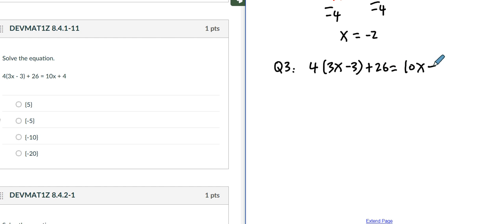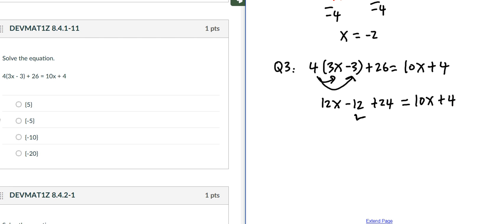Make sure I copy the question right. 4 times (3x minus 3), then plus 26, equals 10x plus 4. Distributive property: 3x times 4, you have 12x. Do not forget to put 4 and 3 together. You have negative 12. And then plus 26.